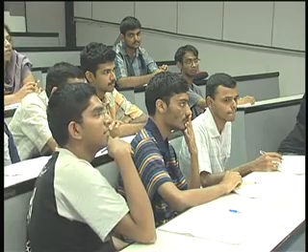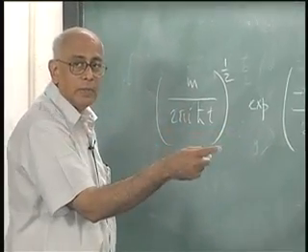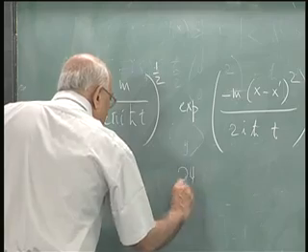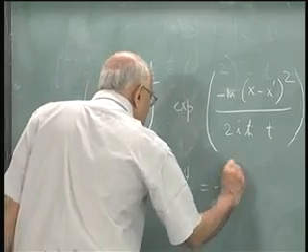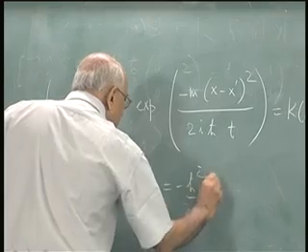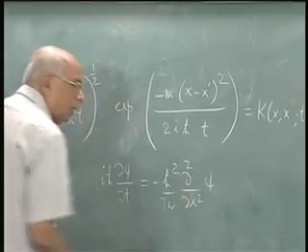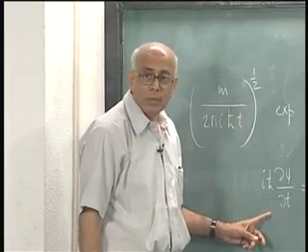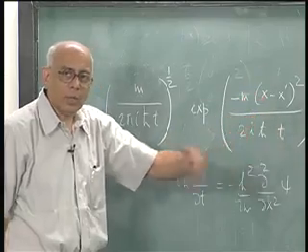Okay. But how are you going to exponentiate it? The point is, how are you going to exponentiate it? You found this by actually solving this equation. So the statement is, if you write i h cross partial psi over partial t equals minus h cross squared over 2m d2 over dx2 psi, then regarded as a function of t alone, this is a first order differential equation, and this quantity is an operator in x but not in t.